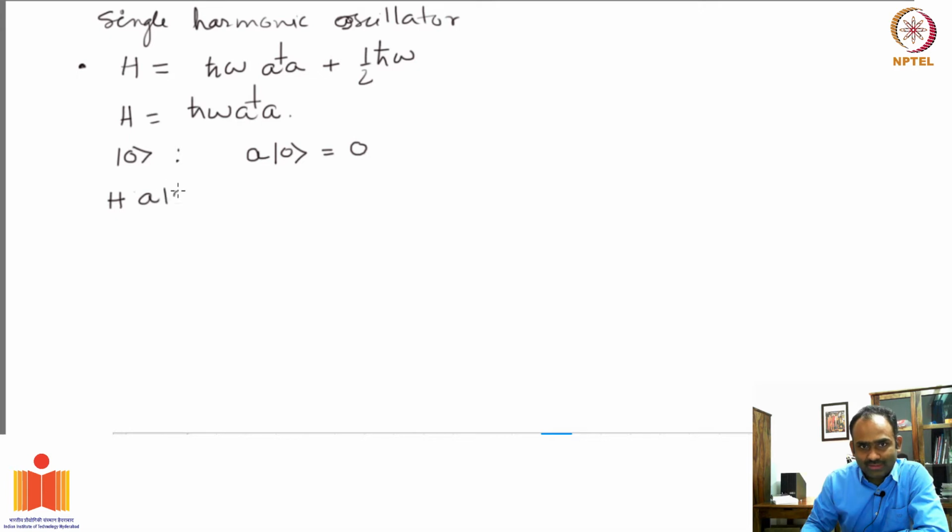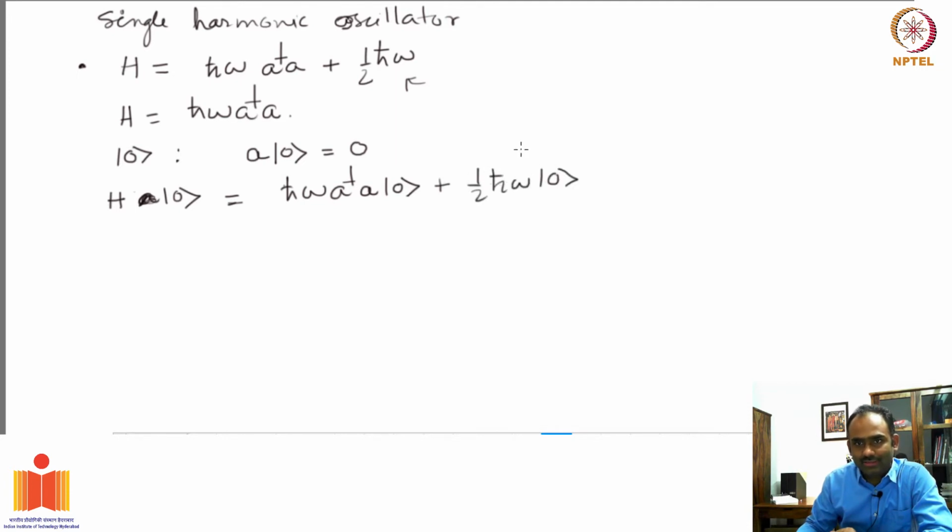Let's ask, what's this? For a moment, I will keep this entire full Hamiltonian here with the zero point term also. Sorry, I'm asking about the Hamiltonian acting on this. So you have h bar omega a dagger a acting on this, plus half h bar omega acting on this, because it has two pieces.